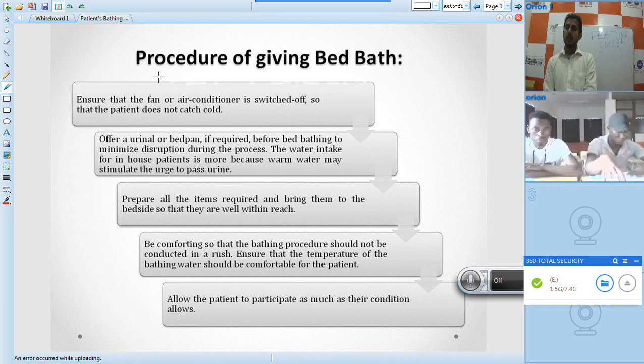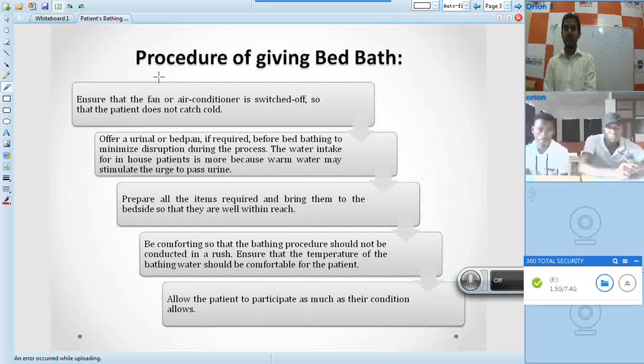As we told, the water must be warm, not the normal or cold water used during the bathing. Must use the warm water, which is comfortable or adjustable according to the patient comfort, so that the patient does not catch cold.